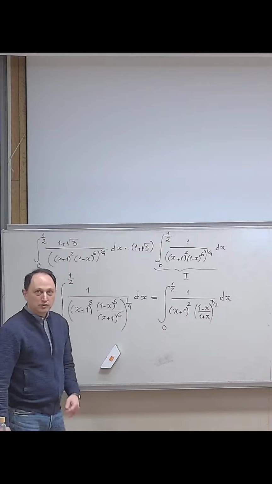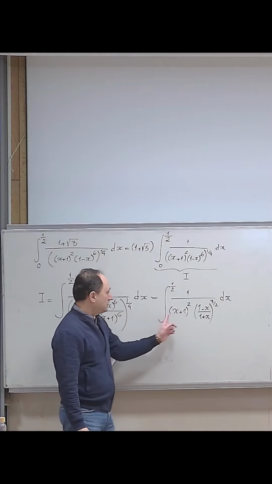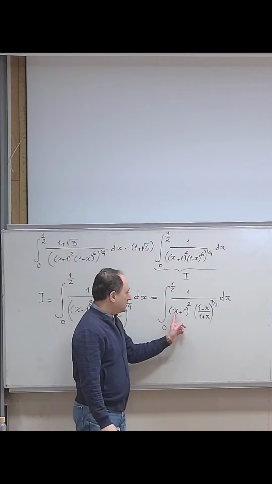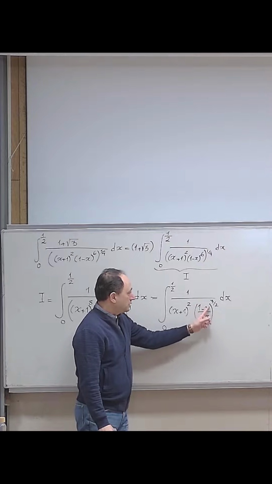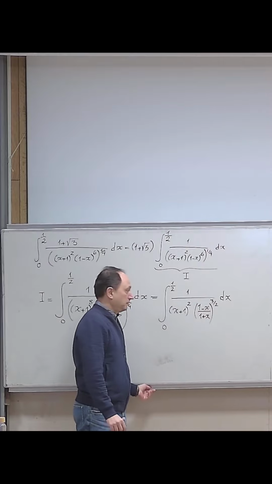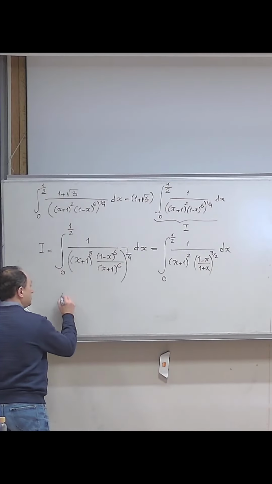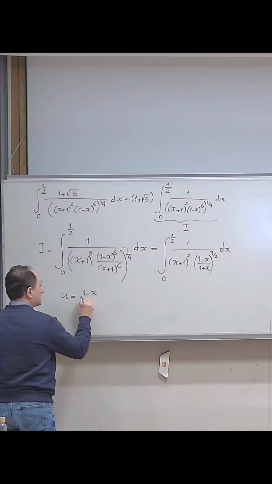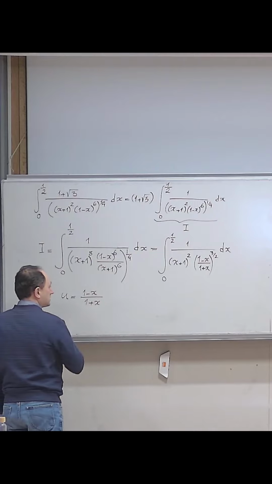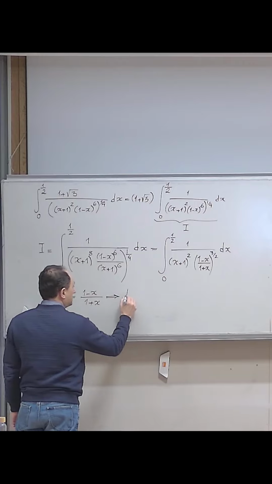Of course, if you are good at differentiation, you realize that (x plus 1) to the power 2 is an indication that it is a good idea to take this as a new variable. So I will do this. At this stage, let u be (1 minus x) over (1 plus x). Then I calculate du.